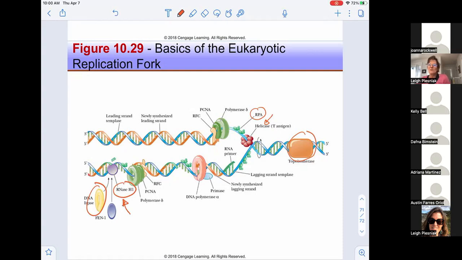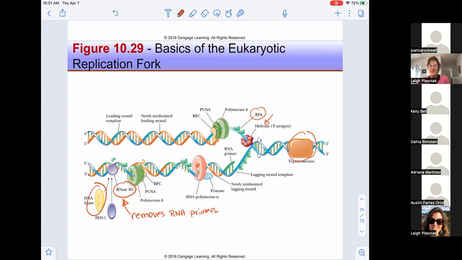Do you guys remember? Here's a brain check. What removes the RNA primers in prokaryotic replication? Anybody remember?